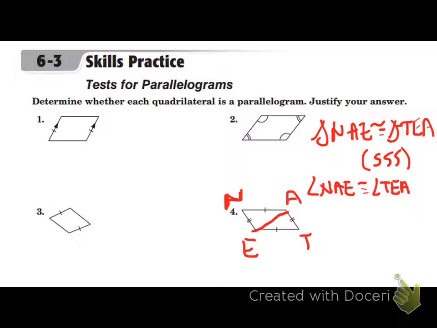How do you know the lines are parallel? The triangles are congruent, but does that prove that the lines are parallel? No. So what other reason can you tell me why this angle is congruent to this one? CPCTC.